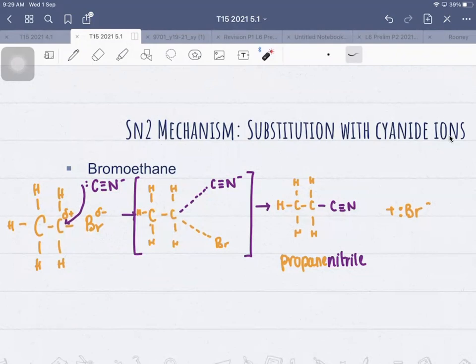Any question? Next, we will look at the substitution reaction of halogenoalkane with ammonia, which is another nucleophile, NH3. Please let me know when you're done.